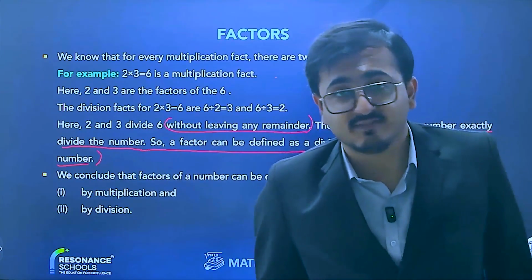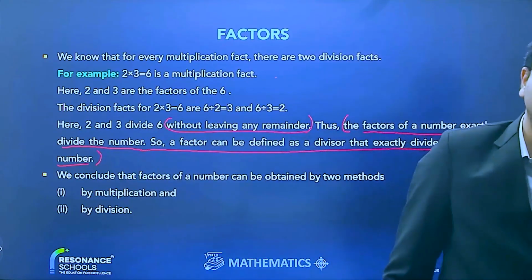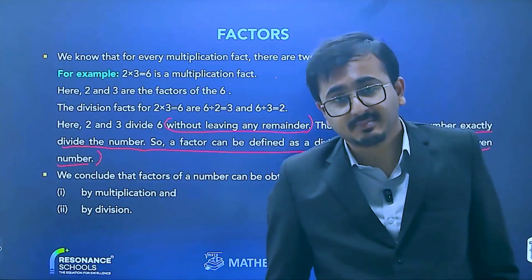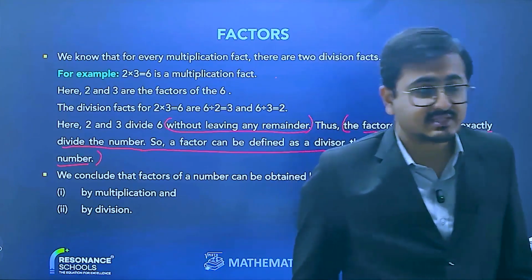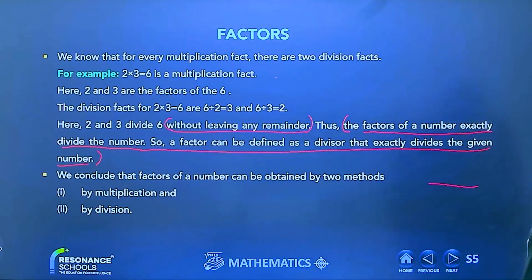So therefore they are the factors. So the first one is done via multiplication and the second procedure is done via division. Okay, clear? Yes or no? Any doubt here?